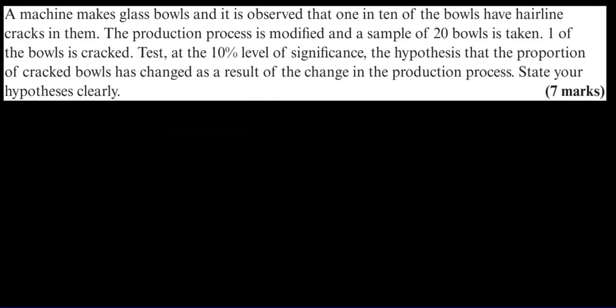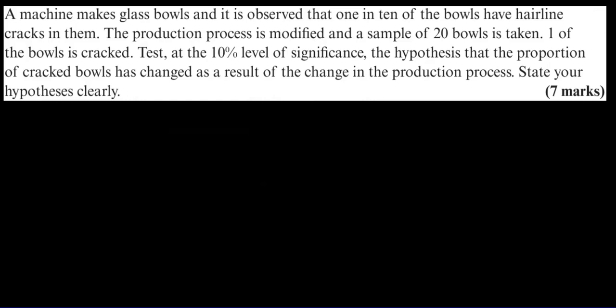Okay, let's have a look. A machine makes glass bowls and it is observed that 1 in 10 of the bowls have a hairline crack in them. A sample of 20 bowls is taken. 1 of the bowls is cracked. Test at the 10% level of significance that the proportion of cracked bowls has changed as a result of the change in the production process.